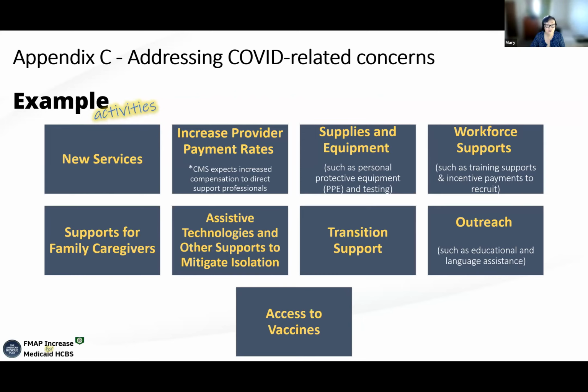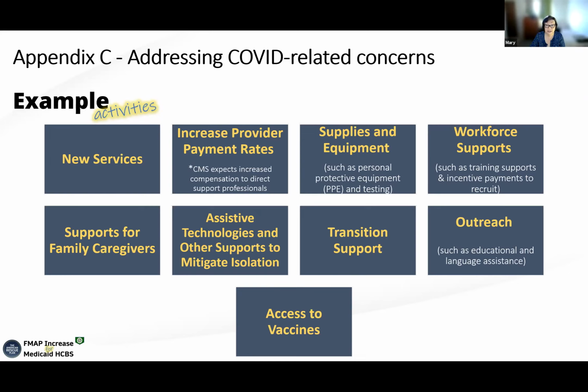Going down to the next row, an example of an activity that you could do is providing supports for family caregivers, buying assistive technologies and other things to mitigate isolation of waiver participants, transition supports, and these are for people that might be in a nursing facility during the pandemic and need to transition to a new setting, providing outreach to people about the pandemic or about vaccines, such as educational and language assistance, and providing access to vaccines.